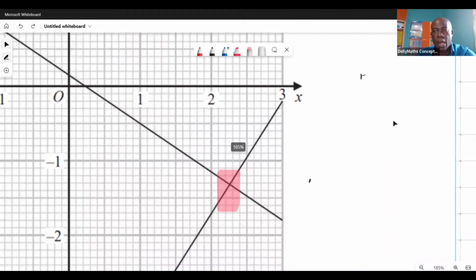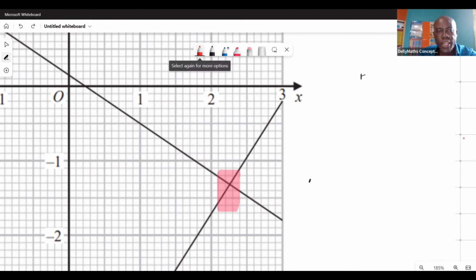All right, so let us now look at this idea. If we mark here, this is 1 and this is 2, right? Right here that's 1, right here that's 2. So technically that is 1 unit.